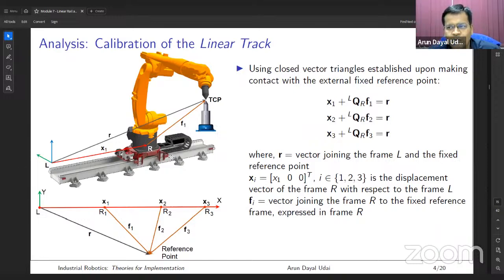The robot manual says you take it to a place, touch it again, touch it a third time, and finally it gives you a calibration matrix. Just press OK and it lets you work with that robot on this linear rail. But how does it actually work? That is not covered in quite a lot of textbooks, so it is covered here.